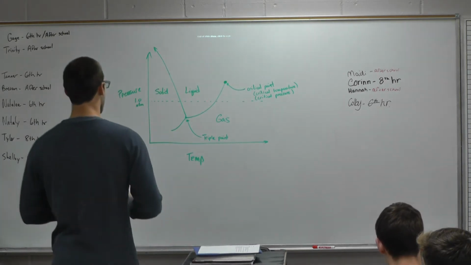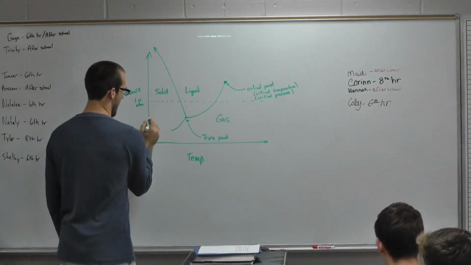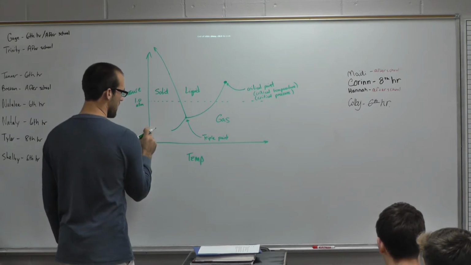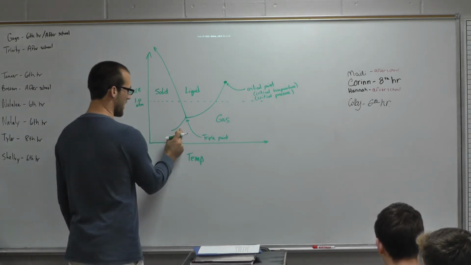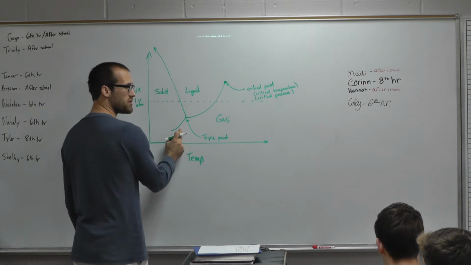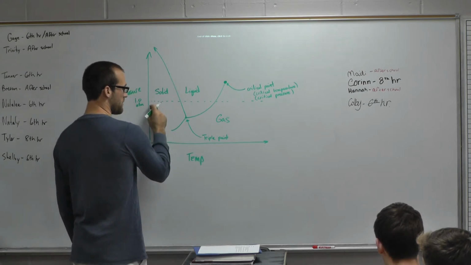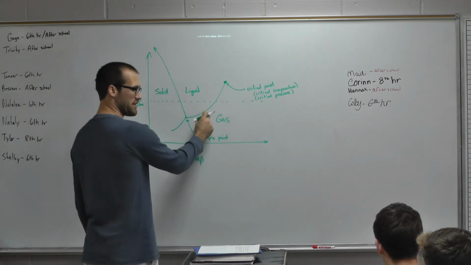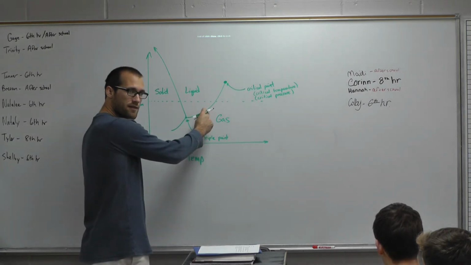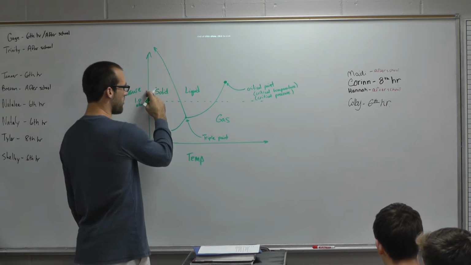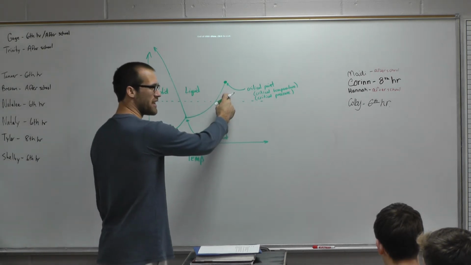Okay? Then you can see this, right? At a low pressure, I can get gas phase at a relatively low temperature. But if I increase the atmospheric pressure, I have to increase the temperature to get to the gas phase. Keep increasing the atmospheric pressure, continuing to have to increase the temperature.